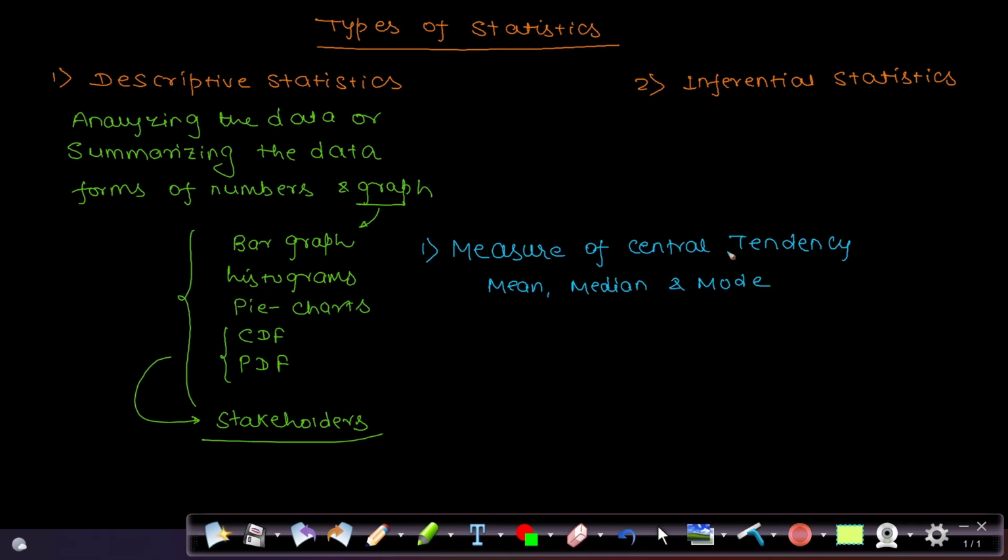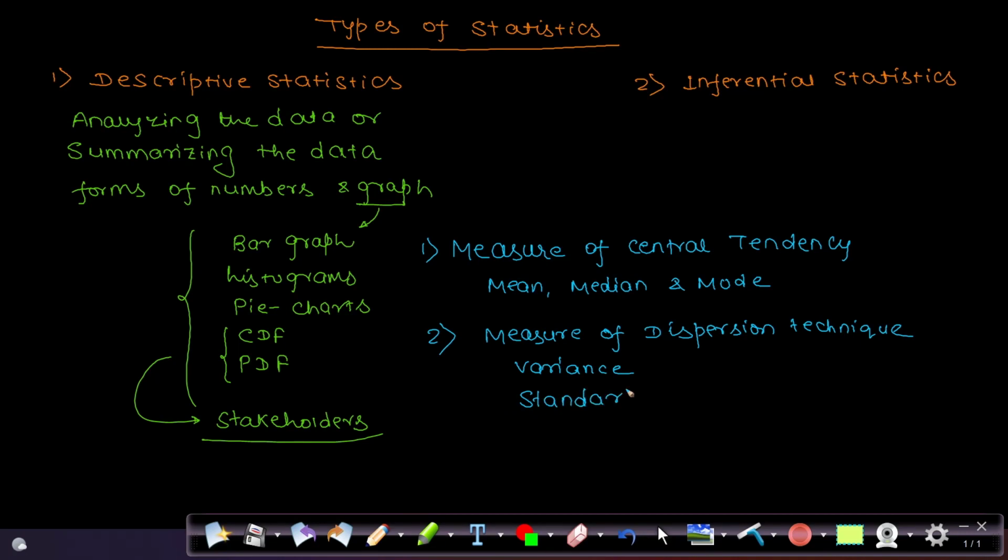The second example is the measure of dispersion techniques. What are those? Variance and standard deviation. This comes under descriptive statistics.